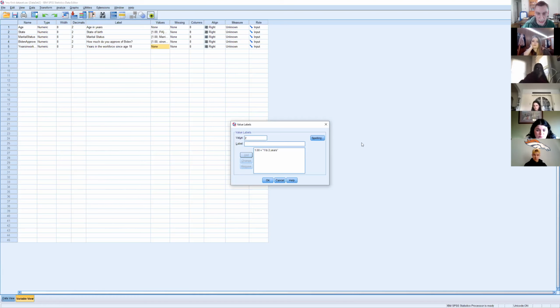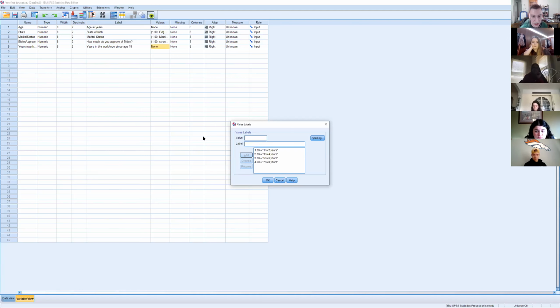So 2 would be, we'll make it non-overlapping, 3 to 4 years. 3 would be 5 to 6 years. And I'll stop at 4. 4 would be then 7 to 8 years.